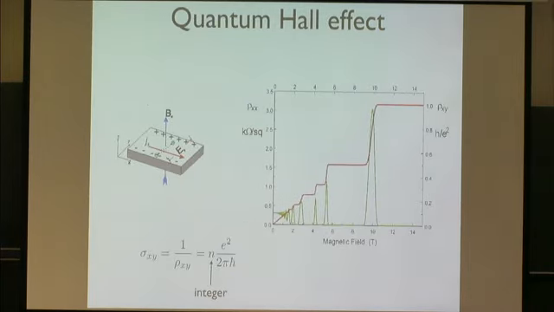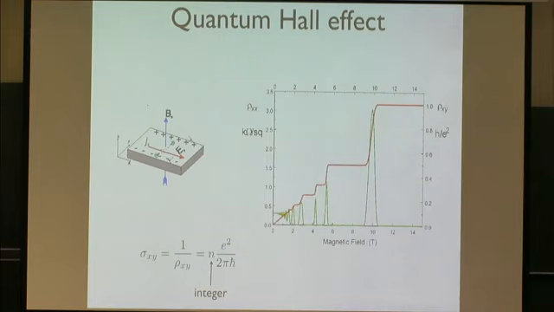Now, the quantum Hall effect was observed in 1980, I believe, and the experiment was done on a sample that is at low temperature and it's a very clean sample.